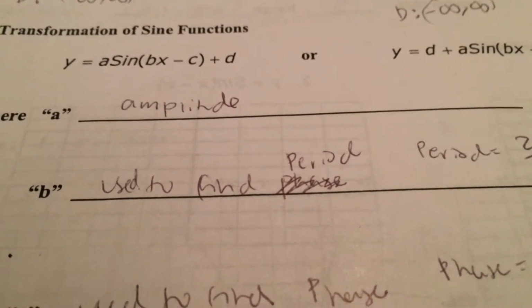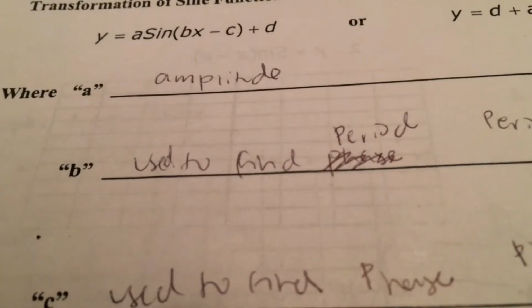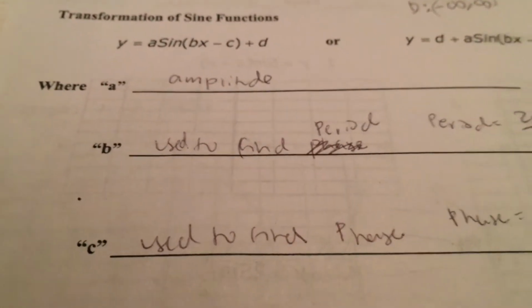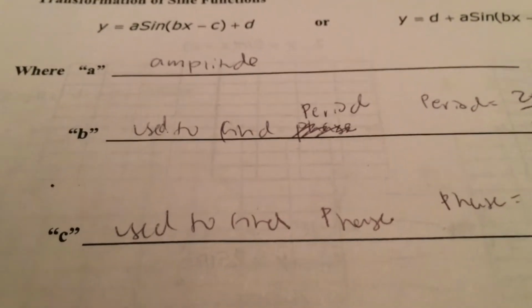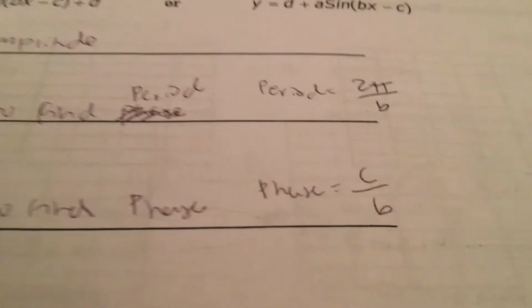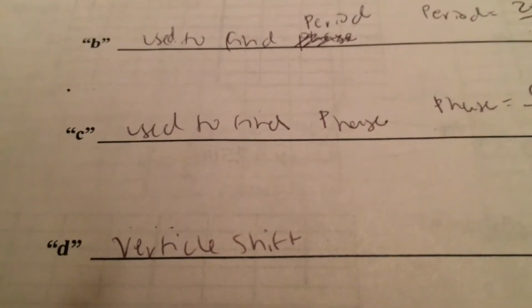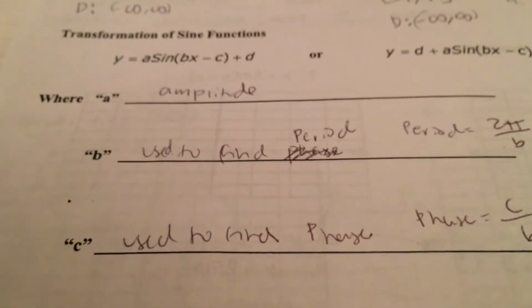So there will be period 2 pi or period pi. To find the period, you have to use the formula 2 pi over b always, and the c will be used to find the phase, also referred to as the horizontal shift, and the formula for it will be c over b. And later on d, which is the vertical shift, showing how it will be shifted either up or down, mostly based on the sine.